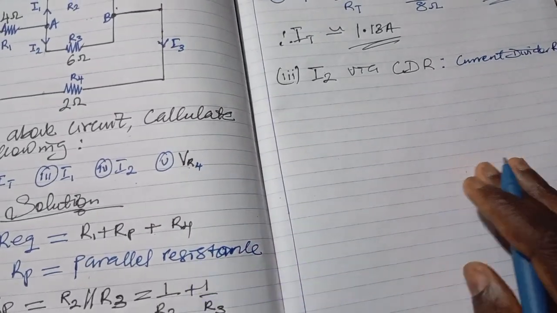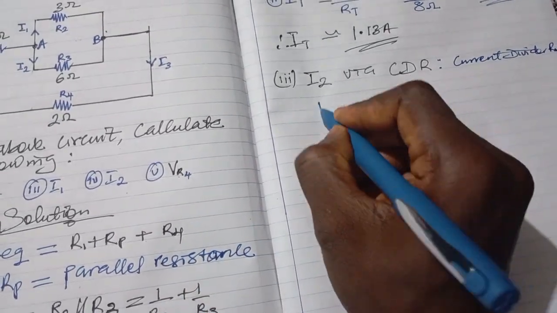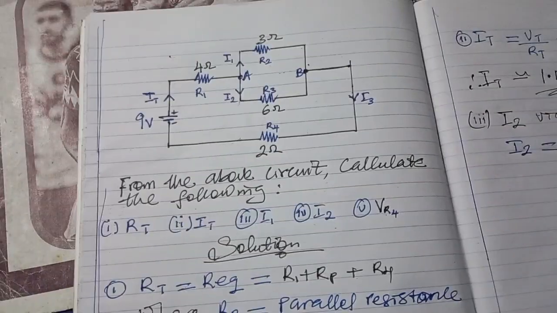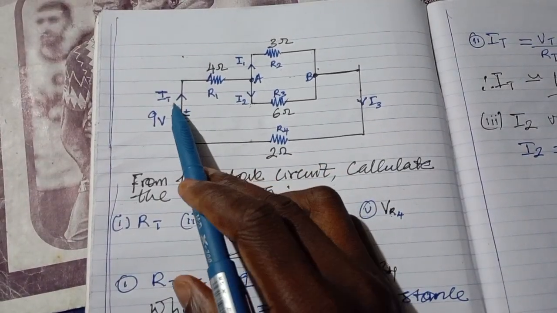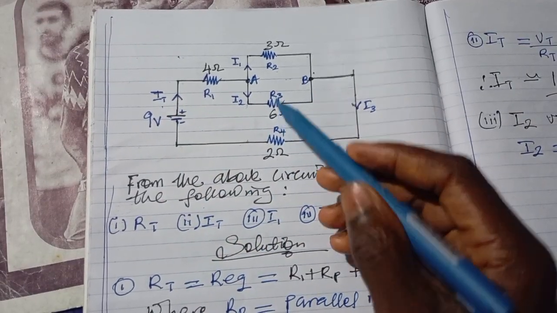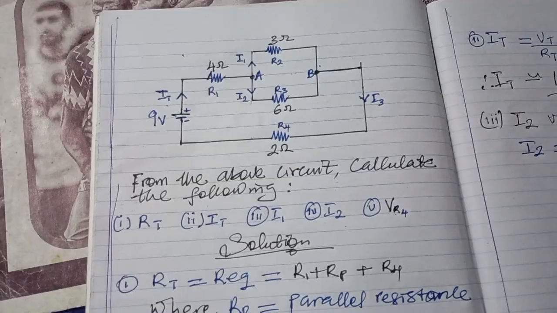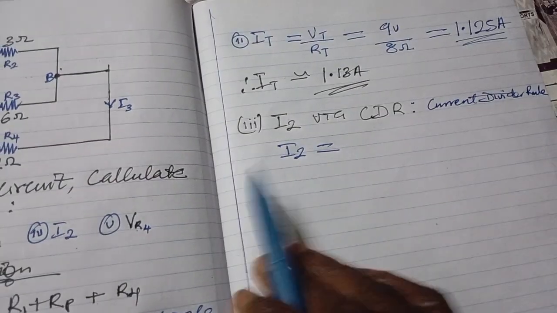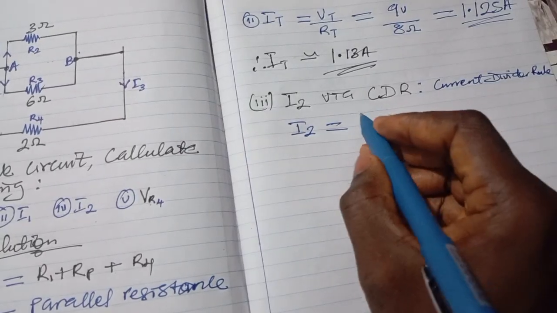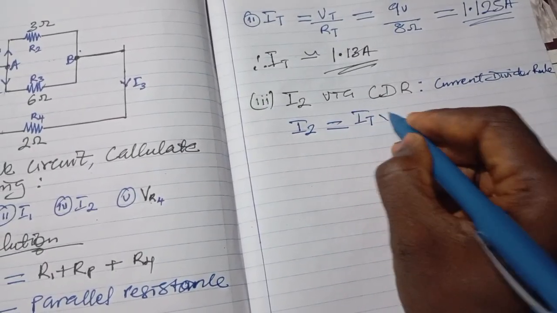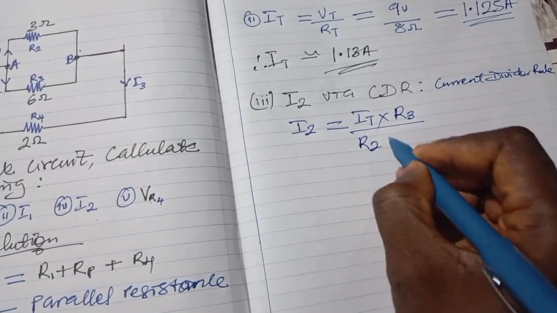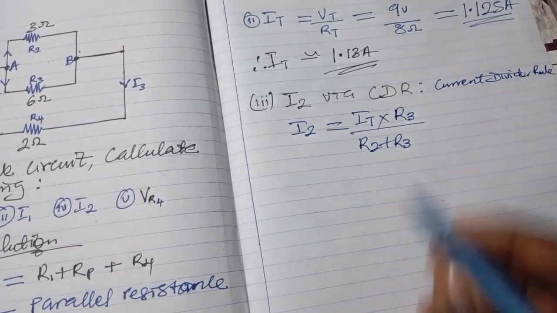So using current divider rule, I2 will be equal to the total current IT multiplied by the opposite resistor, then divided by the sum of these resistances. So I2 is equal to I total multiplied by R3 divided by R2 plus R3. That is the current divider rule.